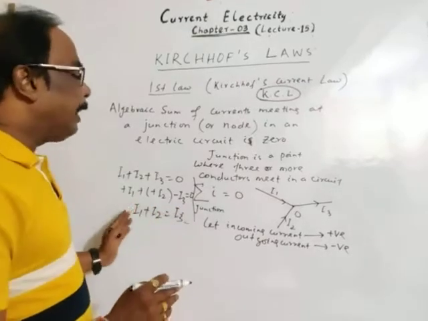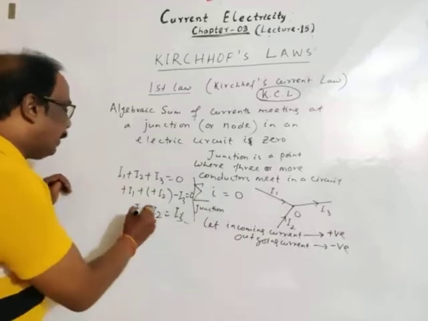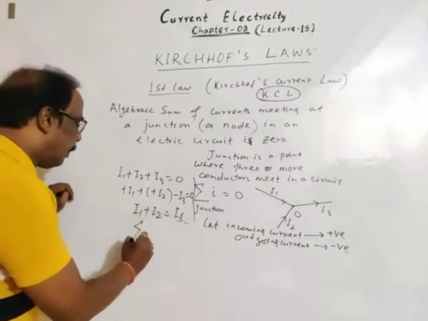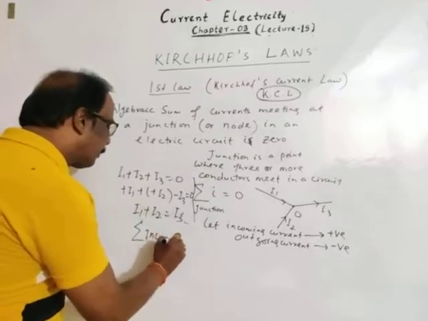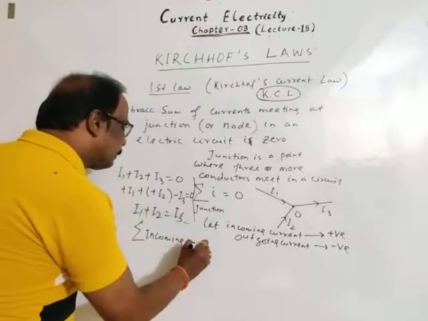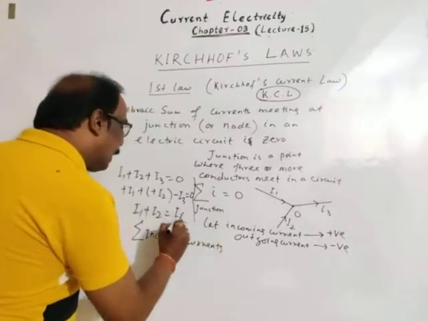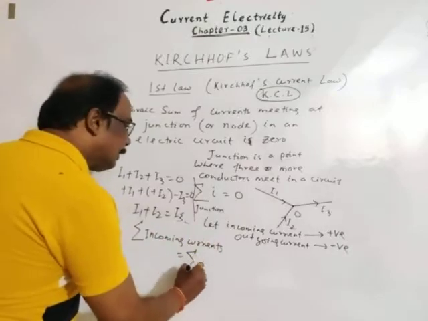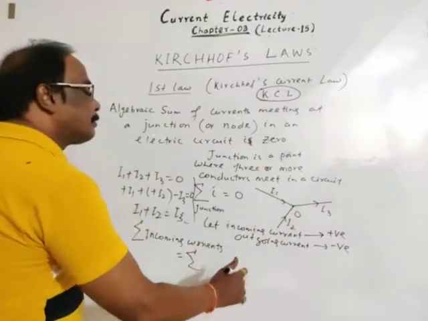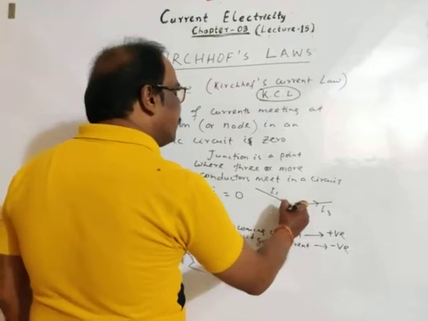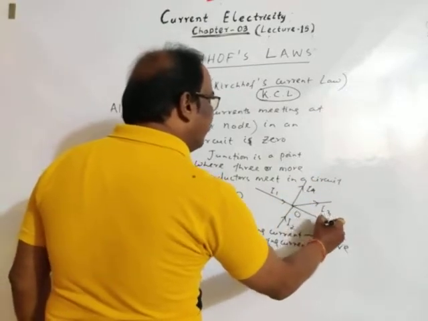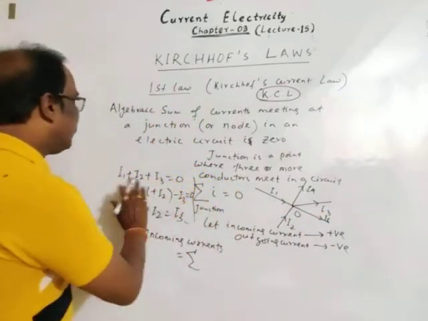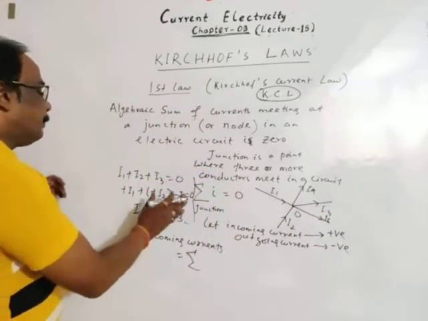I1 plus I2 is the sum of incoming currents, and you may take several branches as output. Suppose this is I4, this is I5. Then the equation will change.